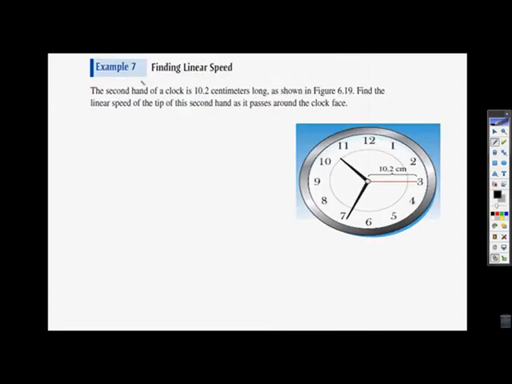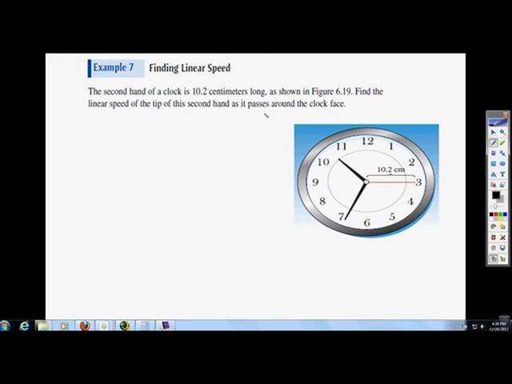Here, if we look at example 7, finding linear speed, we're looking at a clock. It says the second hand of the clock is 10.2 centimeters long, as shown in the figure. Find the linear speed of the tip of the second hand as it passes around the clock face. So at the very tip of the second hand, we're considering that sort of like a particle, and we want to know how fast it is moving around the face of that clock.